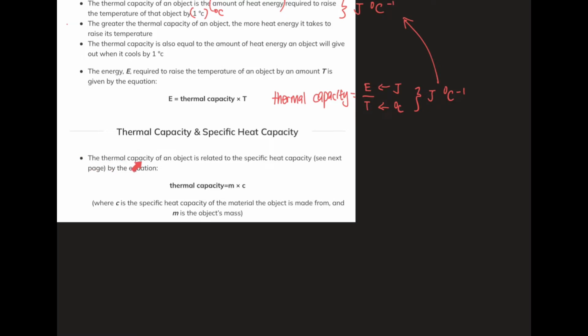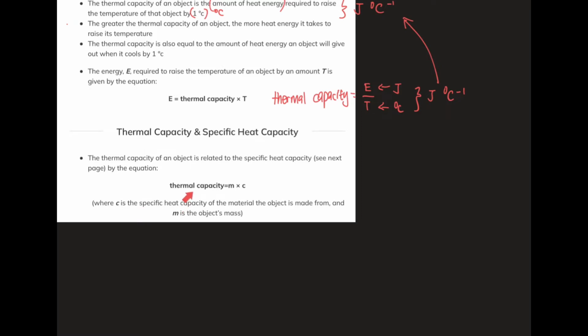The thermal capacity of an object is related to the specific heat capacity. There's a relationship. Now they give us the equation to relate thermal capacity, and the C here is the specific heat capacity.